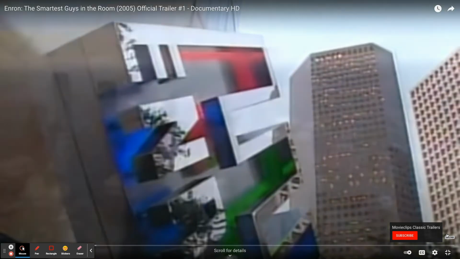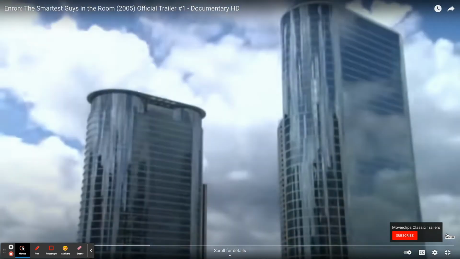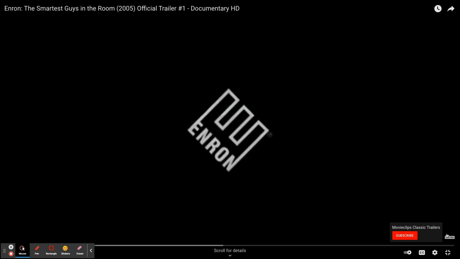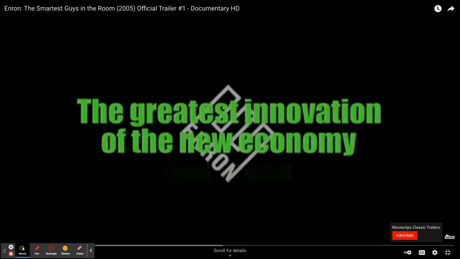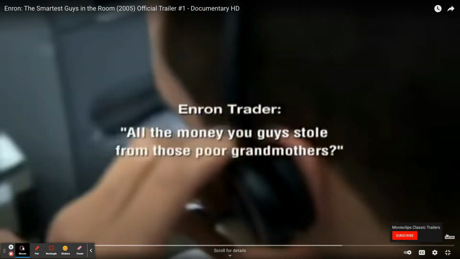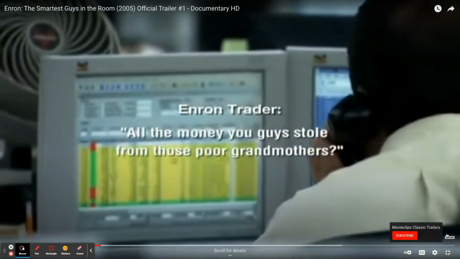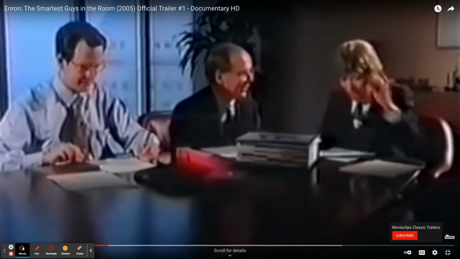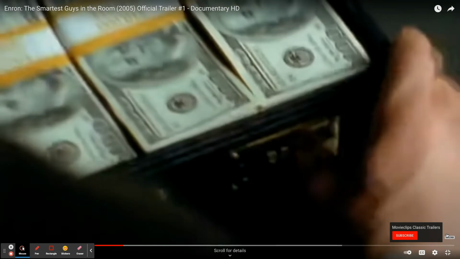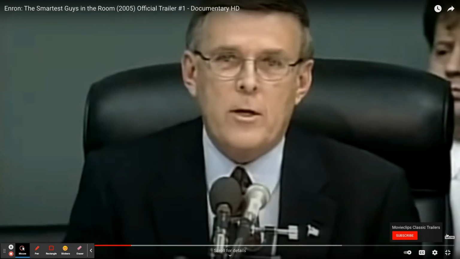It had taken Enron 16 years to go from about 10 billion of assets to 65 billion of assets. It took them 24 days to go bankrupt. The fatal flaw at Enron was pride, arrogance, intolerance. Why you guys stole from those poor grandmothers? We can add $1 gazillion to the bottom line. All right, that sounds fantastic. Did you convert stock worth $66 million?